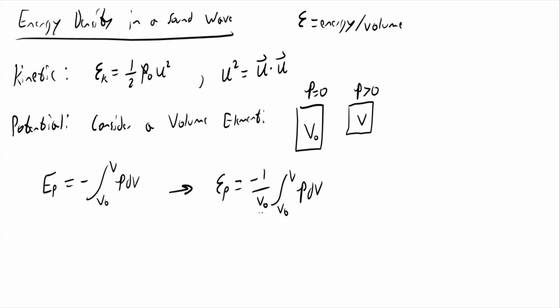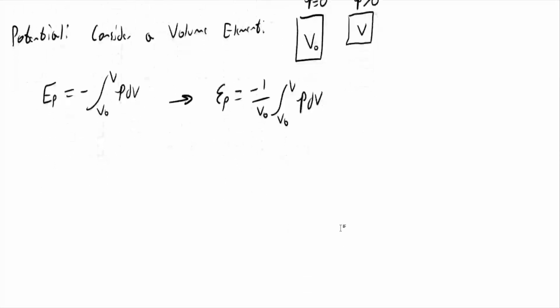So it is okay to divide by just the initial volume. Now, this is a perfectly valid solution for the potential energy density in a sound wave. However, it's not very helpful or illustrative. So we need to do some more manipulation.